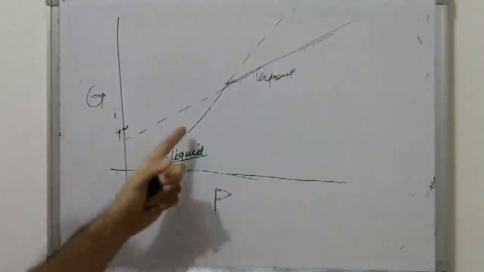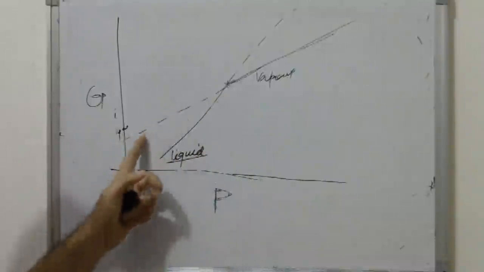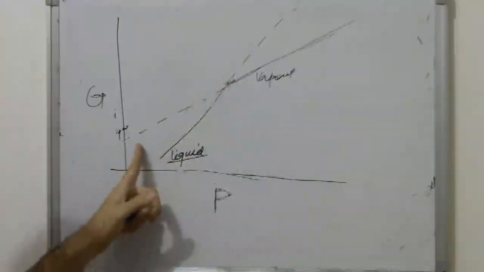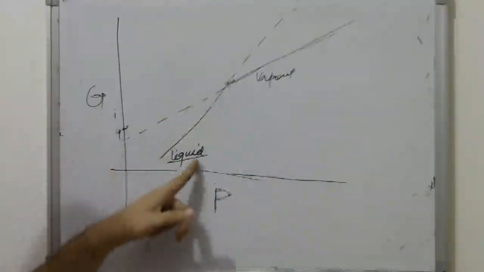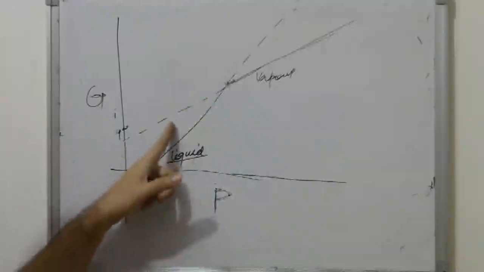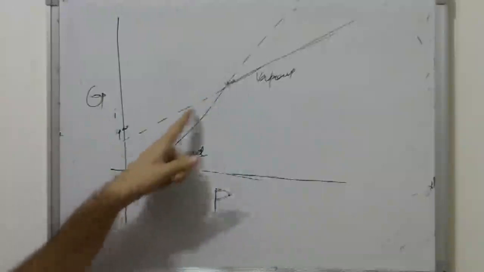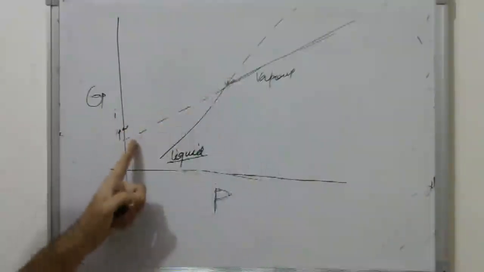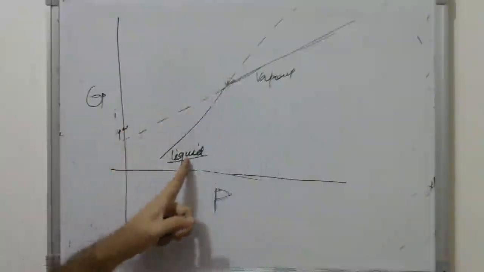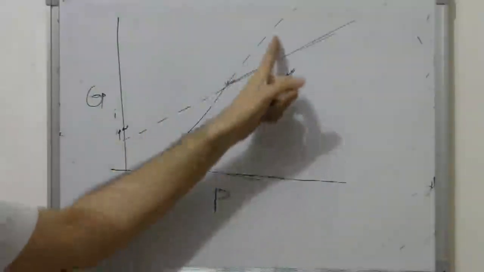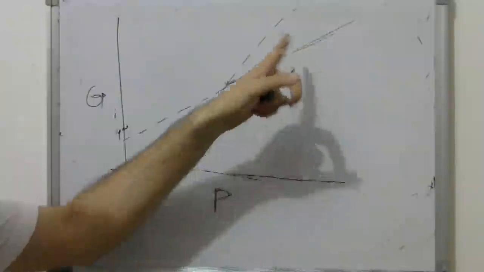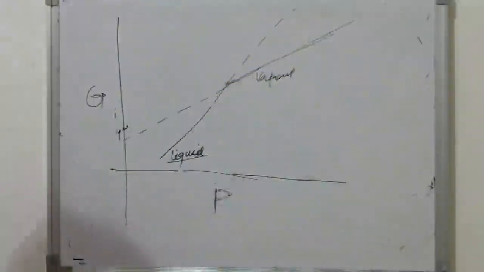Please understand, this is an imaginary line because vapor won't exist beyond this point, because the free energy for the liquid is lower than the vapor. Had it existed as vapor, this would have been the line. And for the liquid, it doesn't exist beyond this point because the free energy of the vapor is lower. So this is an imaginary line.